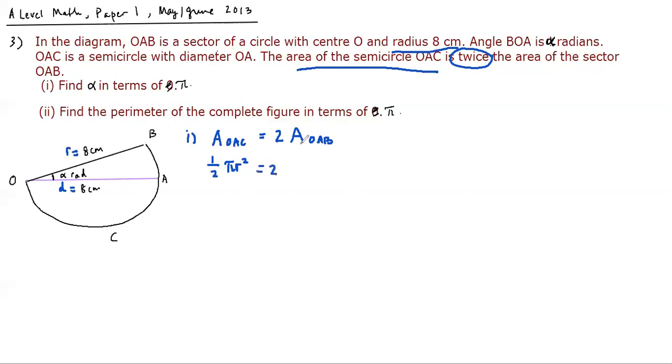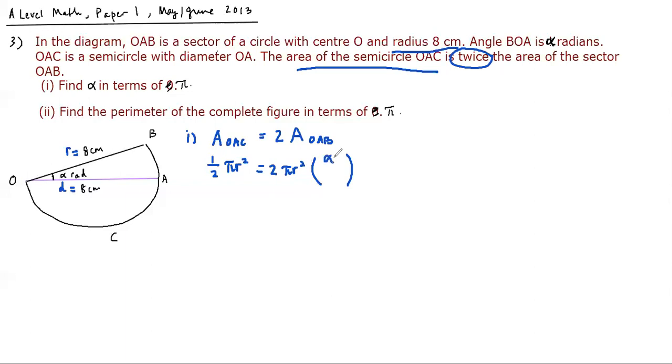Now, this is 2 times the area of the sector OAB. For the sector OAB, the radius is equal to 8, but never mind about that. The area of a circle is always given by pi r squared. But since this is a sector of a circle with a central angle of alpha, to find the area of this sector, you take the area of a circle and multiply by a factor.